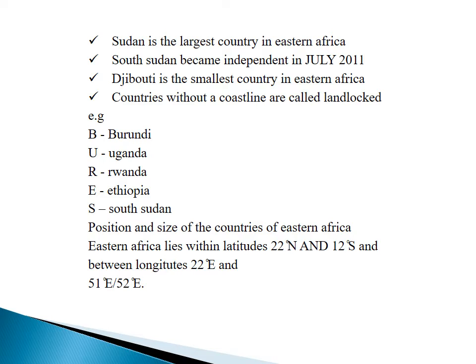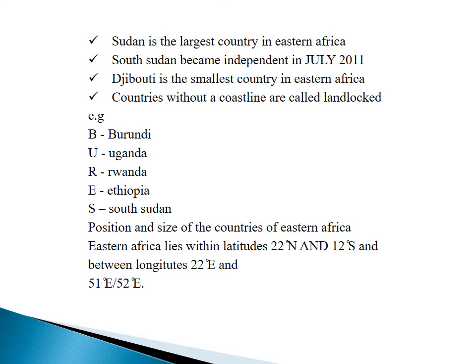So if you go to your location maps, maybe on your phone, or on the internet, you write on Google Maps, you search latitude 22 degrees north and 12 degrees south, and longitude 22 degrees east and 51/52 degrees east. You'll be given the Eastern African countries.